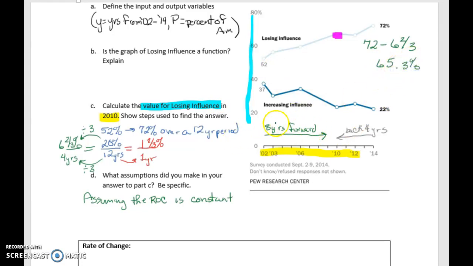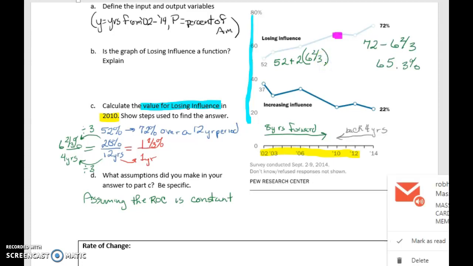Or if I want to think of it as 8 years forward, I'm going to do 52 plus 2 times 6 2/3, or simply add 6 2/3 twice to the 52. That leaves us with 65 and 1/3, or 65.3. Notice it doesn't matter whether we're going back the 4 years or going forward 8 years. It's very similar to what you did in the billionth app.